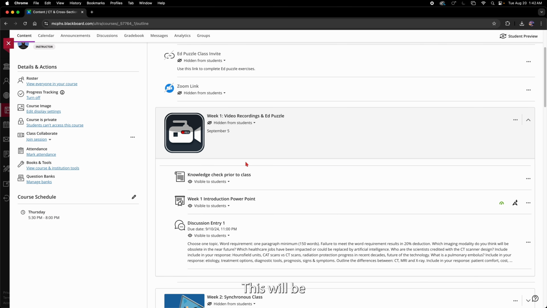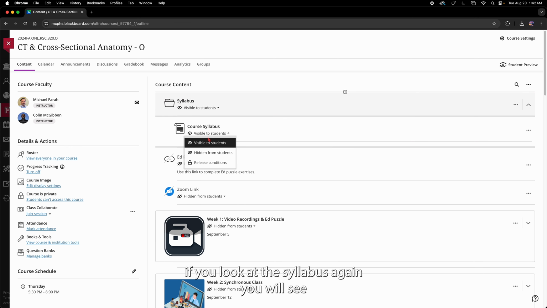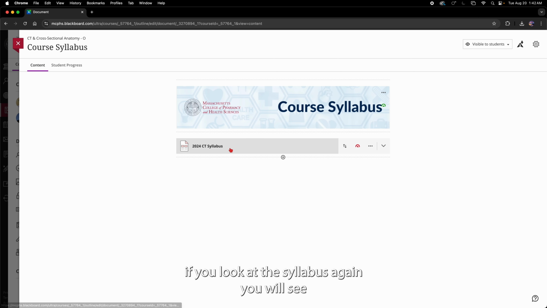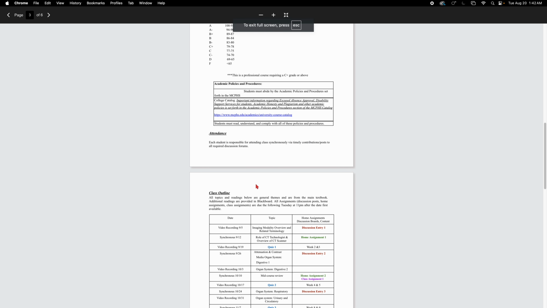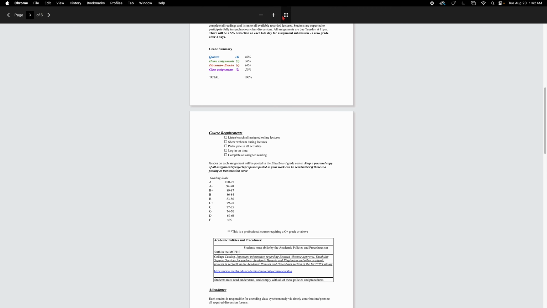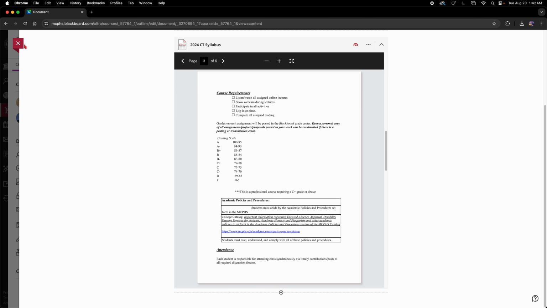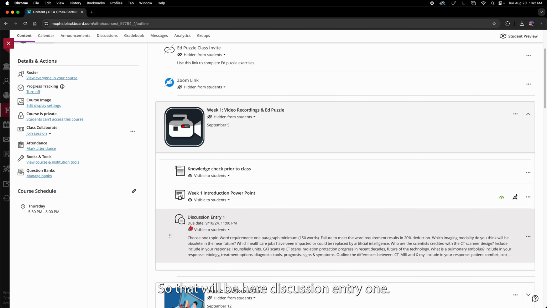This will be the outline for, for example, week 1. If you look at the syllabus again, you will see, let me make it larger, discussion entry 1. So that will be here, discussion entry 1.